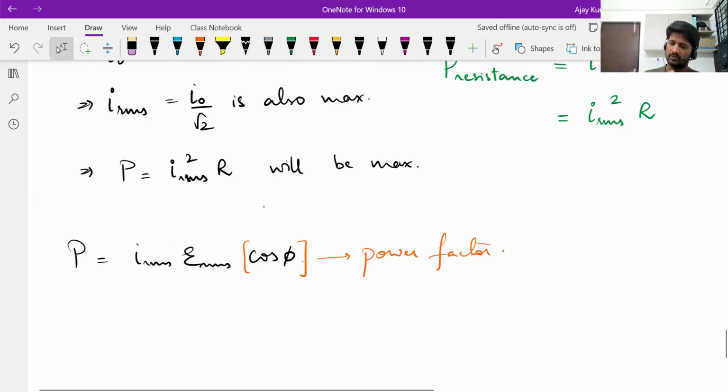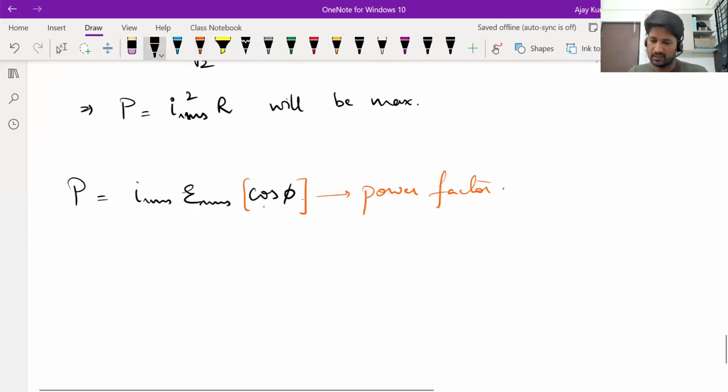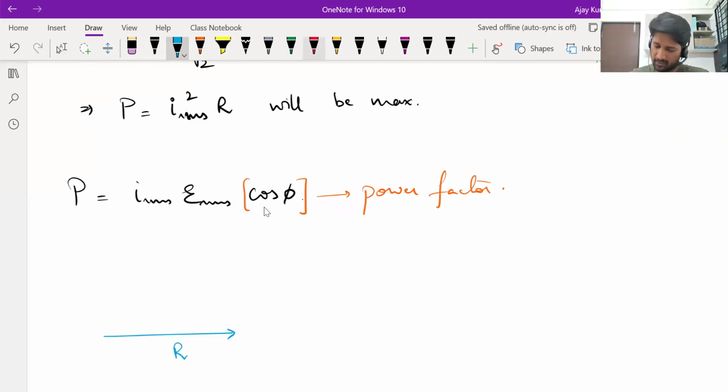I'll show you the impedance triangle. In the impedance triangle, we take a vector of magnitude R like this, and we take a vector of magnitude XC minus XL like this. And their resultant is what we call as Z. This is the impedance triangle. And this angle is called phi naught.